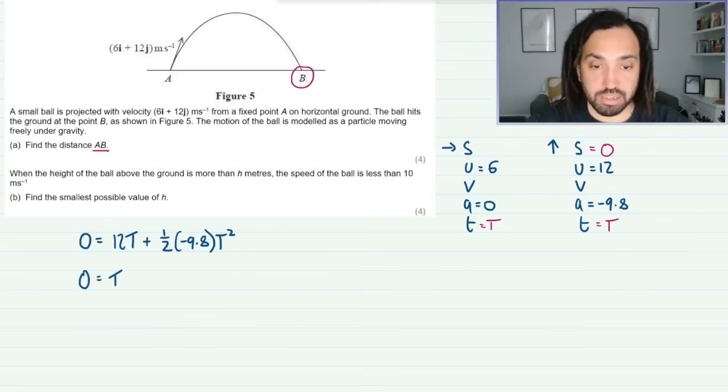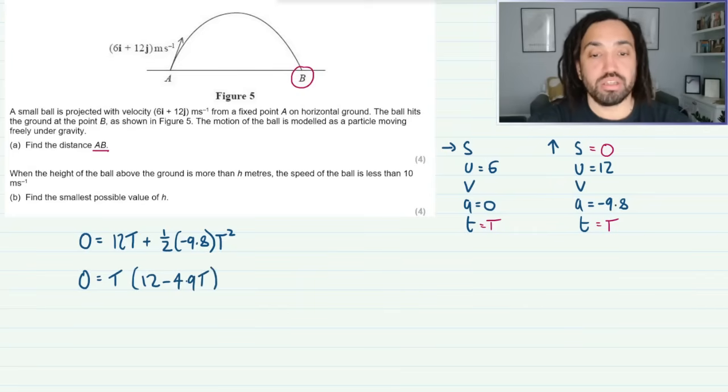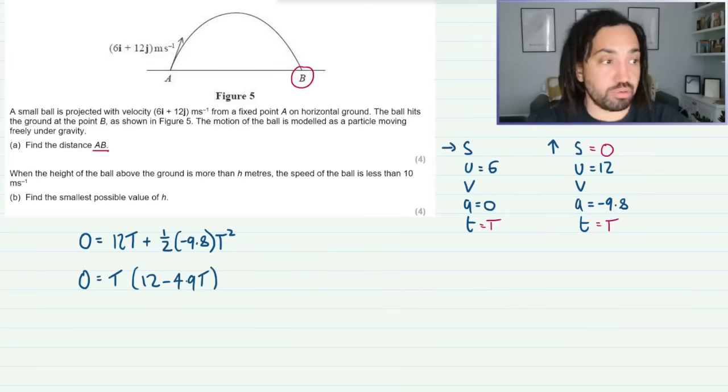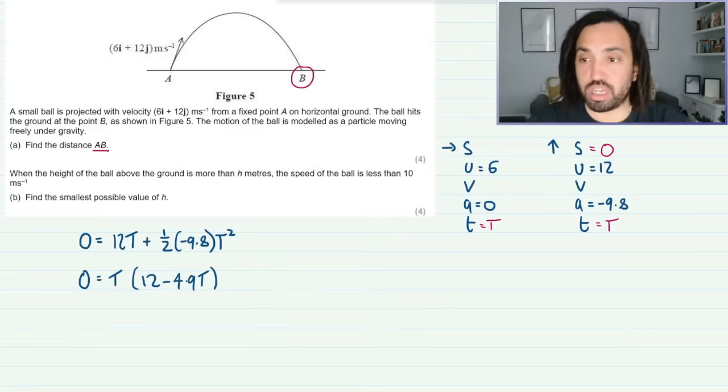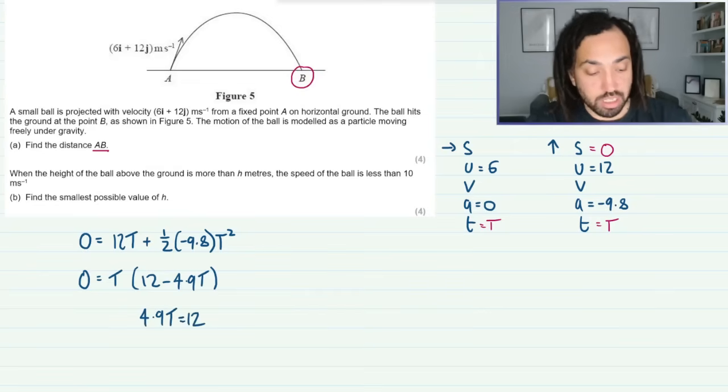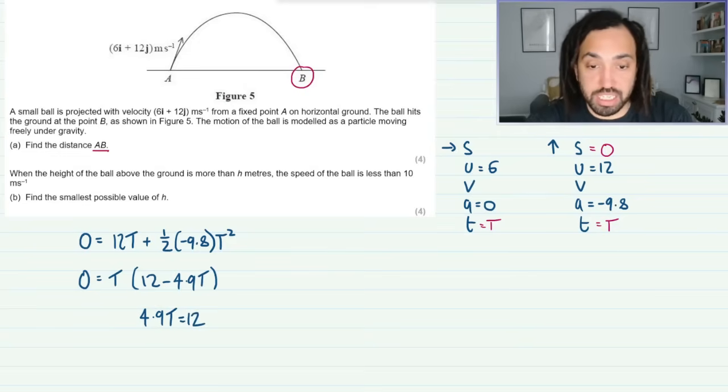We could take a t out, that's 12, and a half of minus 9.8 is minus 4.9. So we get this. So either t equals 0, which we know because obviously it starts with a 0 vertical position, or 4.9t is equal to 12, and that gives that t is equal to 2.449.